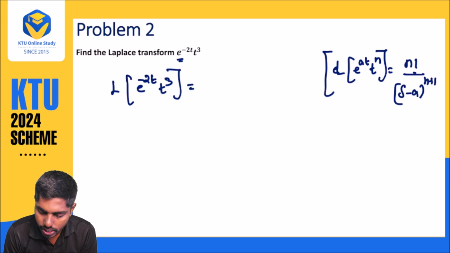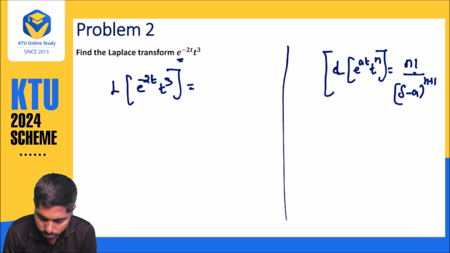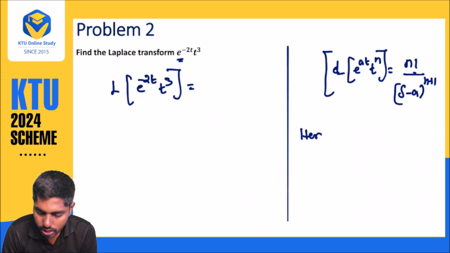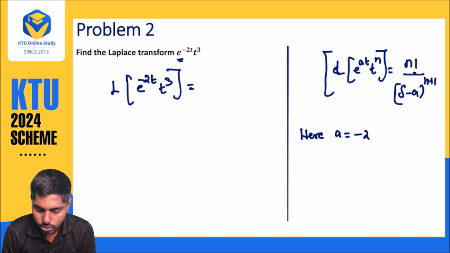So what is a here? Here a is equal to minus 2. And n equal to 3. So just apply in the formula.